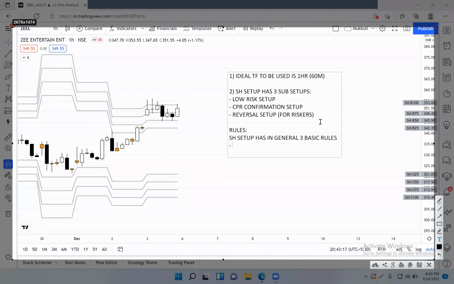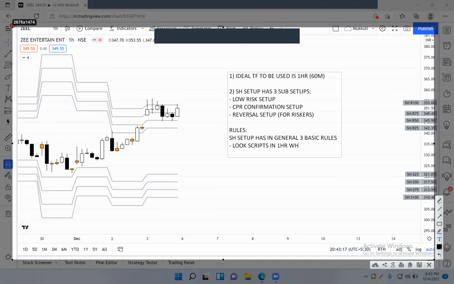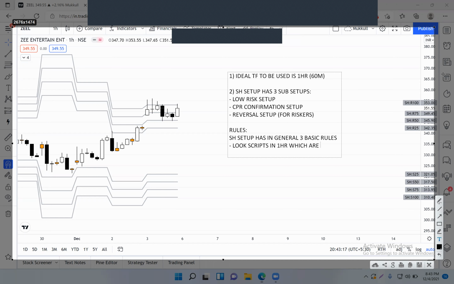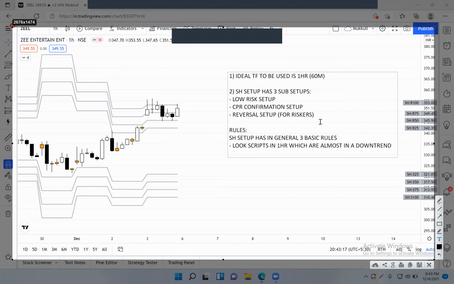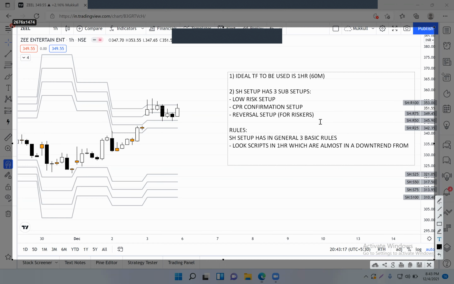So our basic first rule is to look for scripts in 1 hour which are almost in a downtrend. You can see from the past 2 days. That's the first rule.